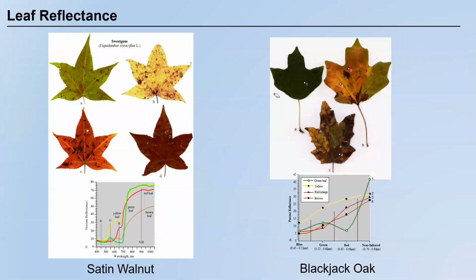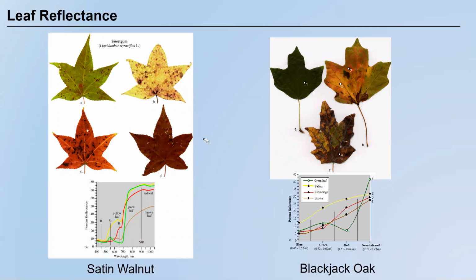Okay, and here are some more examples showing you that even for the same leaf, the reflectance of that leaf could change due to different factors, right? So here we have a leaf maybe in summer, in early autumn, and late autumn.